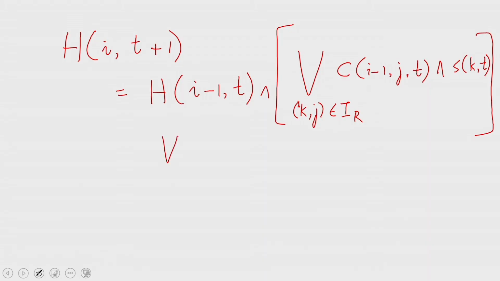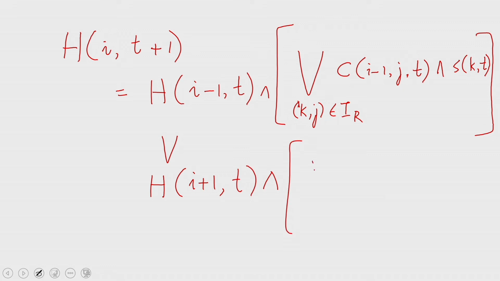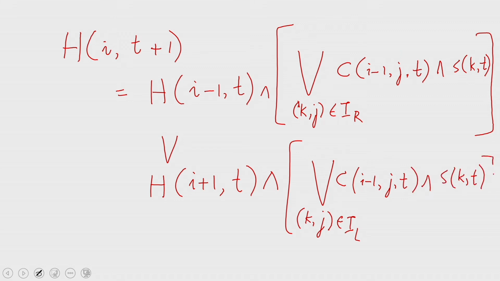So, either this could have happened or it could be that in the previous instant the head was on the I plus first cell and there existed some left movement causing k j pair, so that this was the k j pair that was prevalent in the tth time instant. If either of this happens, then the head would end up being in the ith position in step number t plus 1.